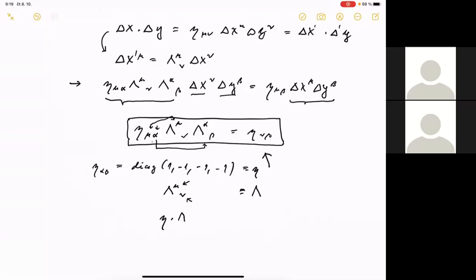That means it's a contraction of Λ transpose times η. And on the right hand side, we reproduce the η. So this is the matrix form of our condition.